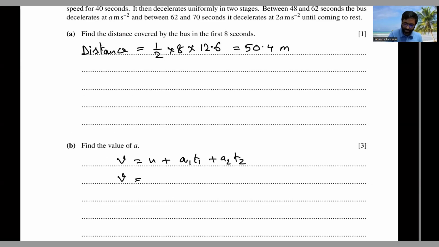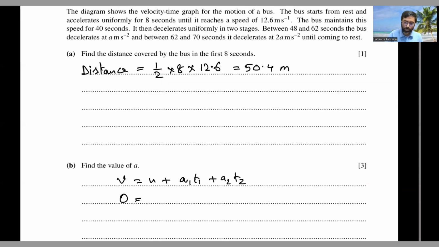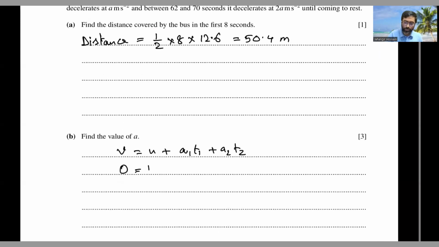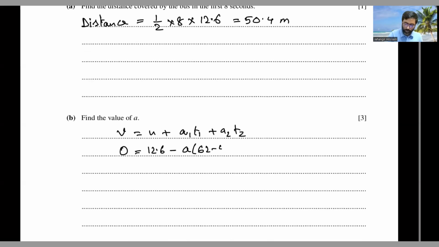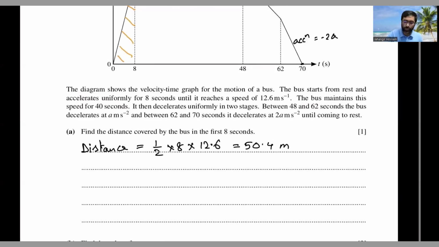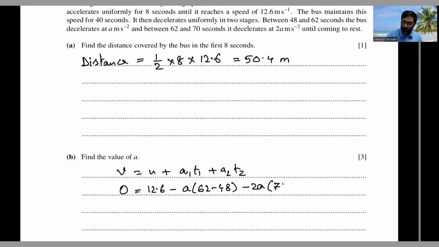v equal to u plus a1 t1 plus a2 t2, we have v equal to v0, u is 12.6, plus minus a into the time interval 62 minus 48, plus minus twice a into the time interval 70 minus 62.